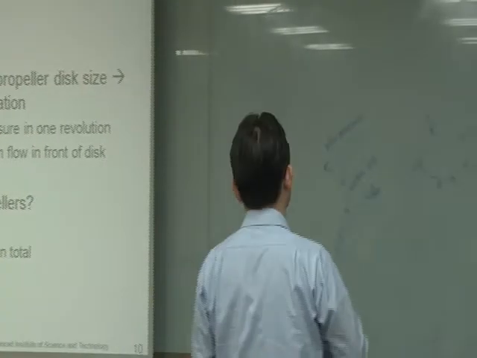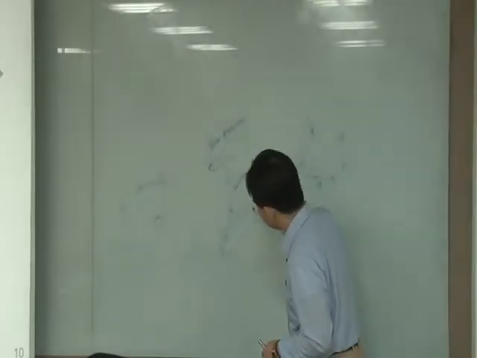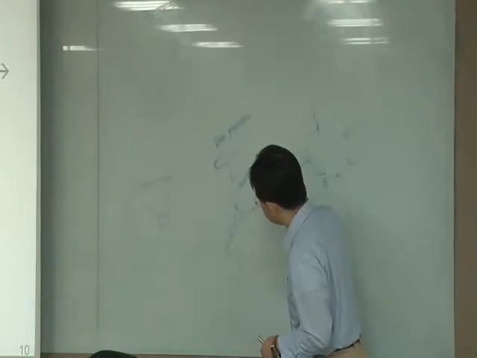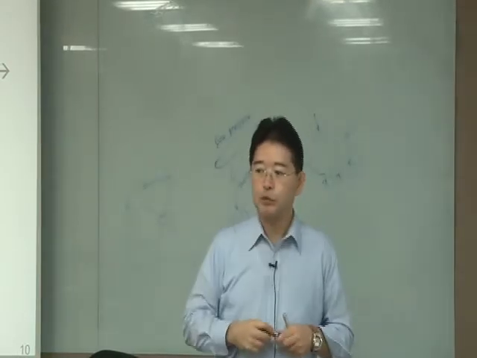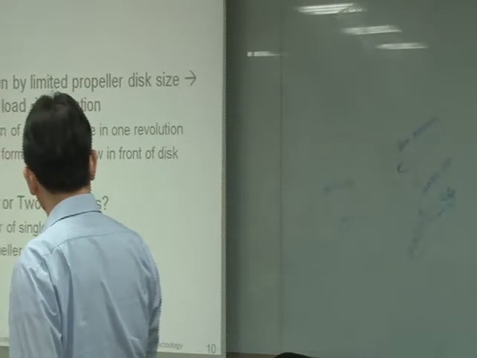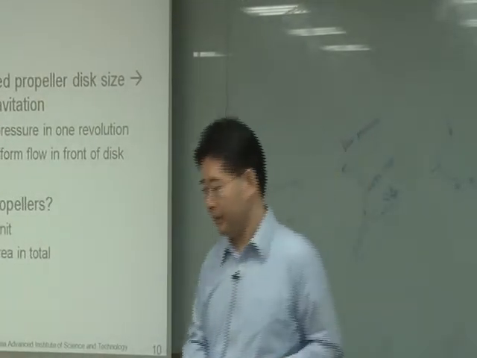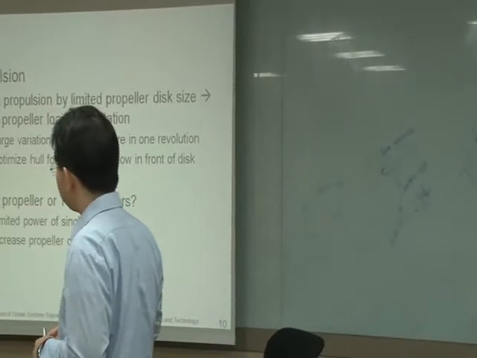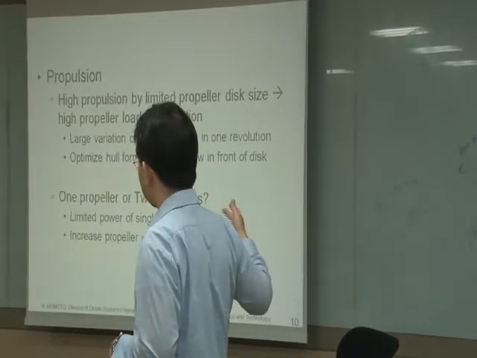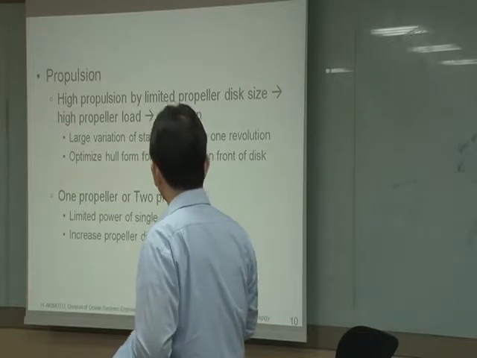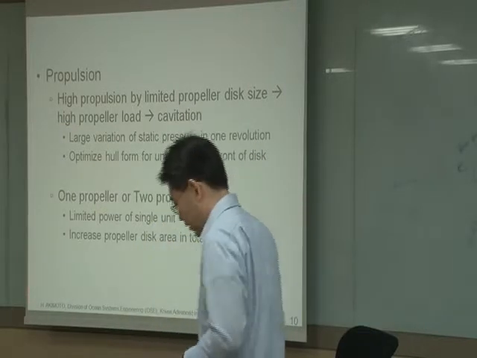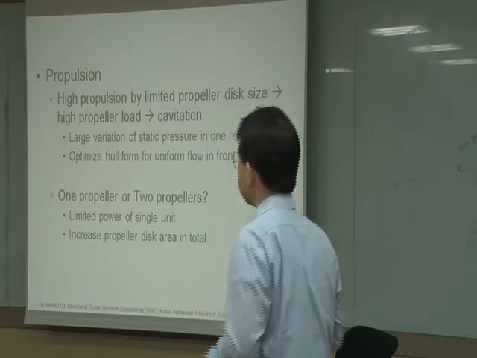It will cause a 10,000 degree temperature, and when this collapse happens near the surface of the propeller blade, it will destroy the local surfaces, which is called erosion of the propeller blade. So we want to reduce the cavitation, but it is difficult because of the limitation of propeller disc size.